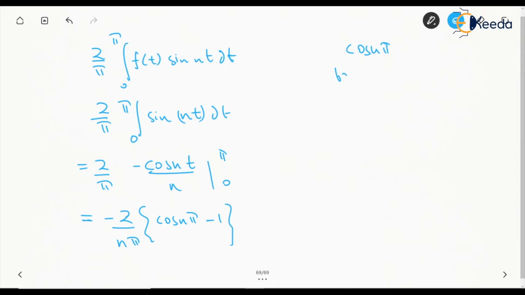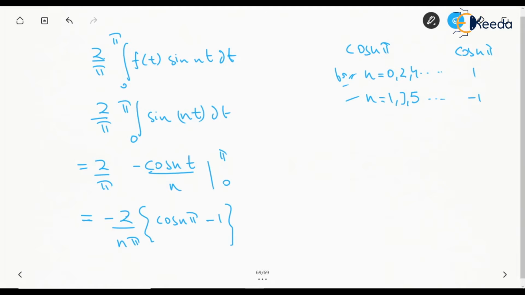So for n equal to 0, 2, 4 and so on, this cos n pi will become 1, and for n equal to 1, 3, 5 and so on, this will become minus 1. So these are the odd values, these are the even values.